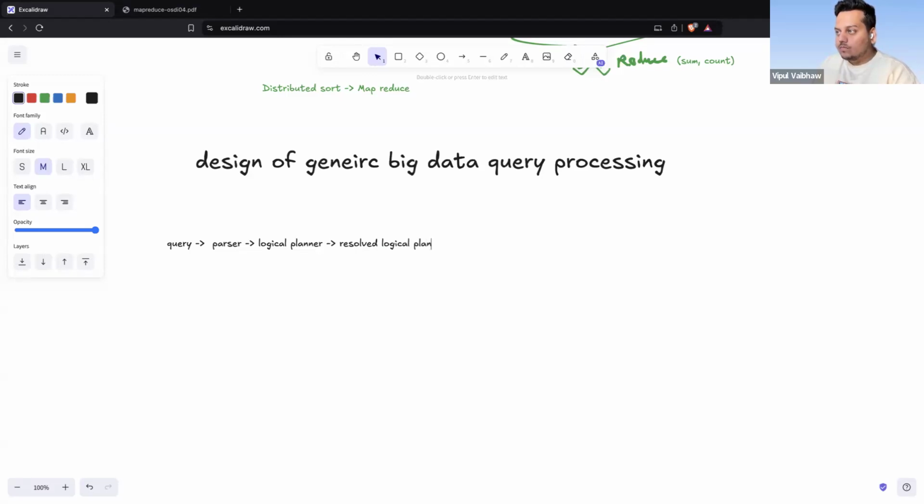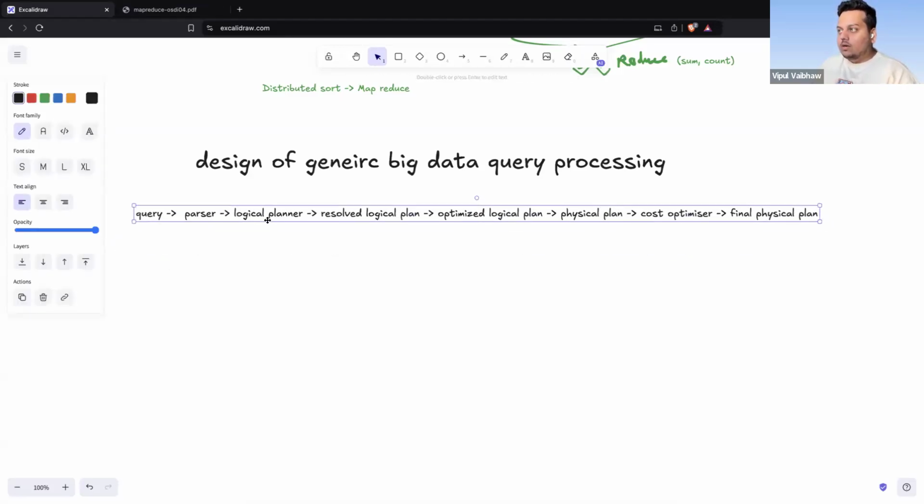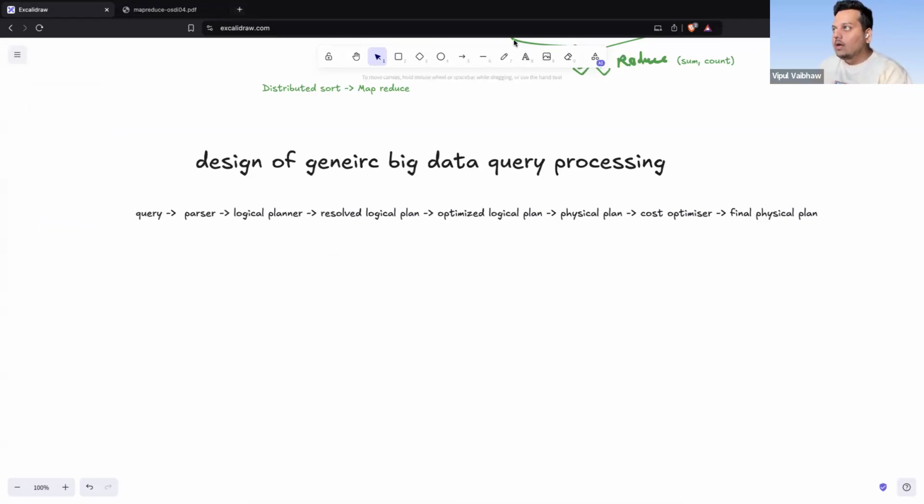Then it gets optimized, giving an optimized logical plan. Then you have the physical plan, then you have the cost optimizer, then you have a final physical plan. So mostly this is how any modern query processing engine would work.